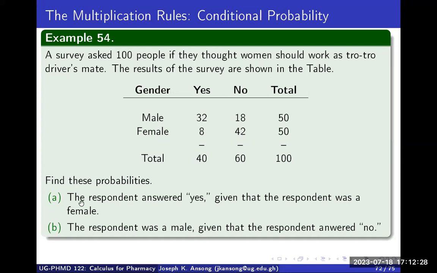Okay, so you want to find these probabilities. Find the probability that the respondent answered yes, given that the respondent was a female. And then find the probability that the respondent was a male, given that the respondent answered no. How do you find those?